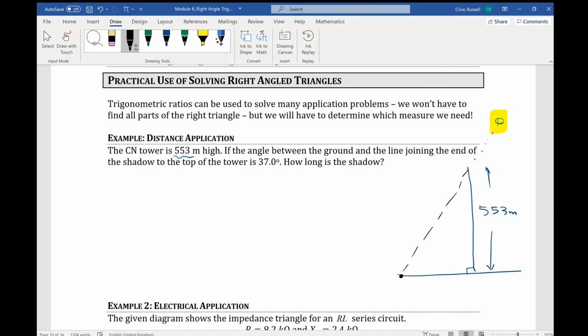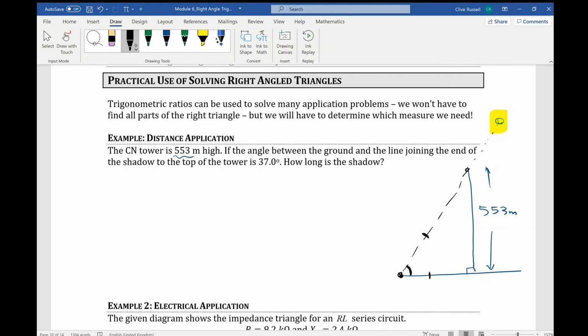So that's the end of the shadow. Okay, so the angle between the ground, which is here, and the line joining the end of the shadow, which is here, to the top of the tower. So it's the angle that is made up of those two sides. So that's the angle right there.